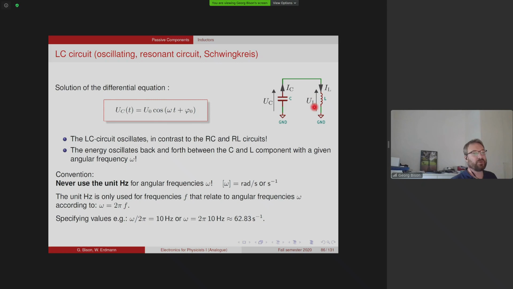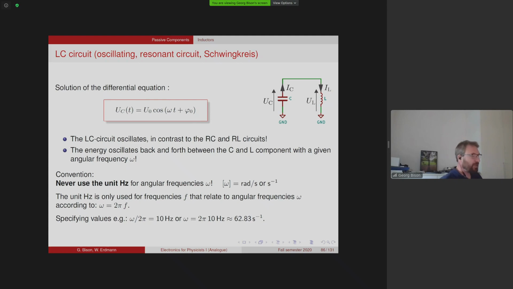But now we have a current going in the inductor, and as I said, the inductor doesn't want the current to change, so it keeps the current going. It pushes current out in the other direction and charges the capacitor in the reverse way. And then again, the capacitor is charged as soon as the current from the inductor is used up, and then the process goes on in reverse.